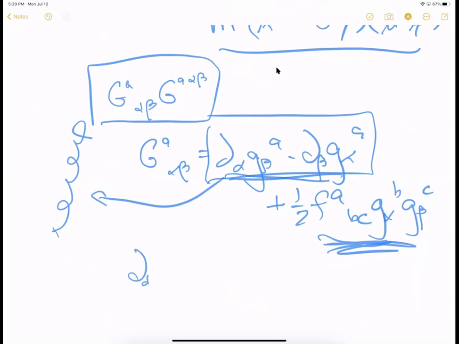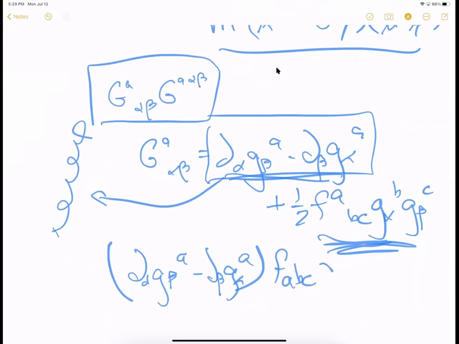So we have D_alpha G_beta^A minus D_beta G_alpha^A and f^ABC G, probably going to contract alpha B, G_beta C's, something like this. You have to anti-symmetrize this over the ABC, and the constant that does that is a whole bunch of metrics and structure constant things.